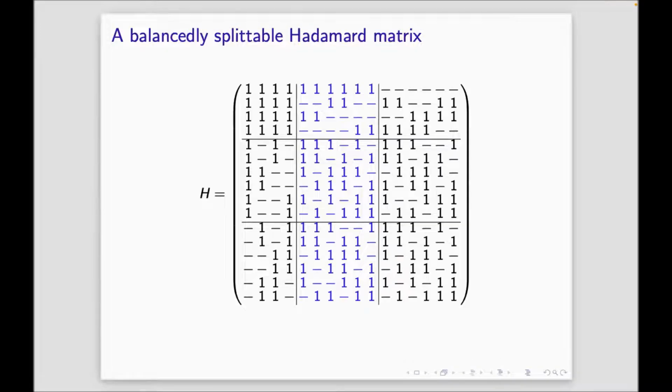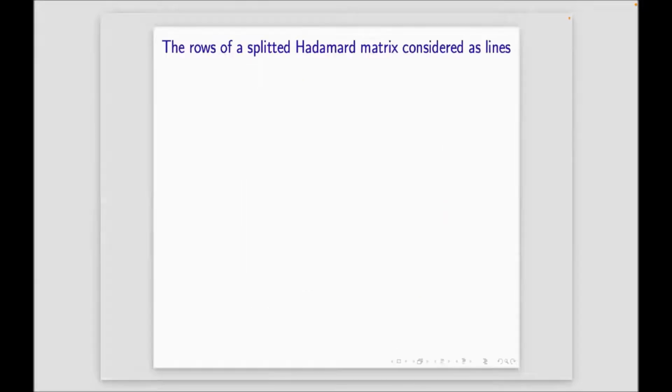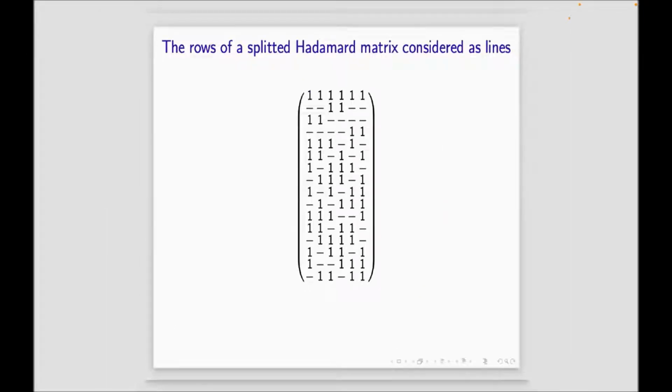Now, when we split a Hadamard matrix, we can see here there are actually 4 splits. This is one, this is another one, this is another one, this is another one. You can see that this balanced split gives us, I'm just picking the middle one, these lines in R6.